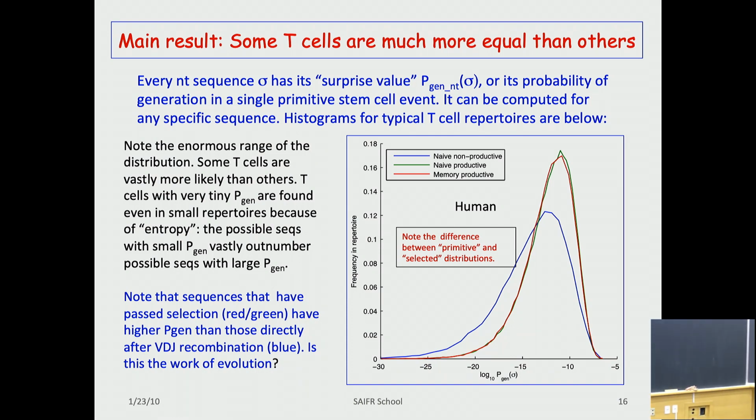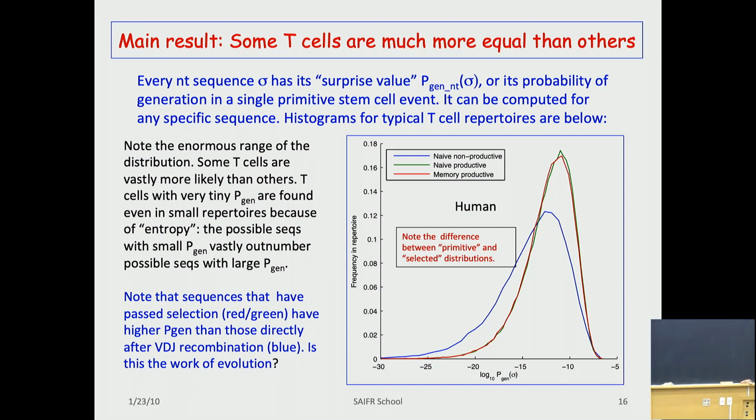So somehow the system is tuned to be better at making sequences. In other words, the stochastic machine with those parameters that we inferred by the process that I described is somehow tuned so that it's somewhat better at making sequences that will in fact pass thymic selection, all right?